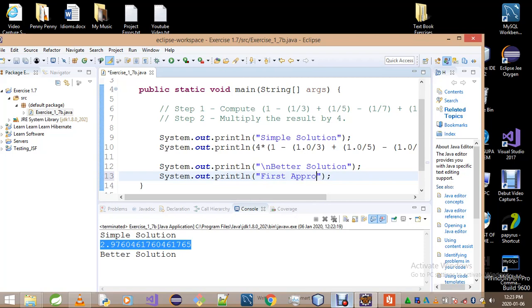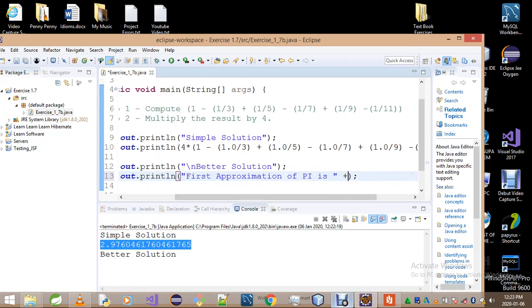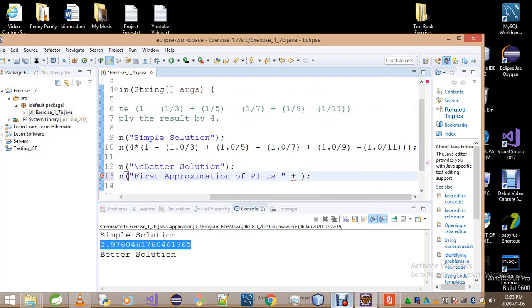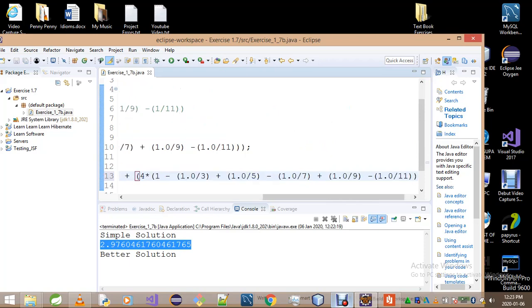System.out.println, first approximation of pi is. I can copy and paste this. Let's put it inside the brackets, and do this.